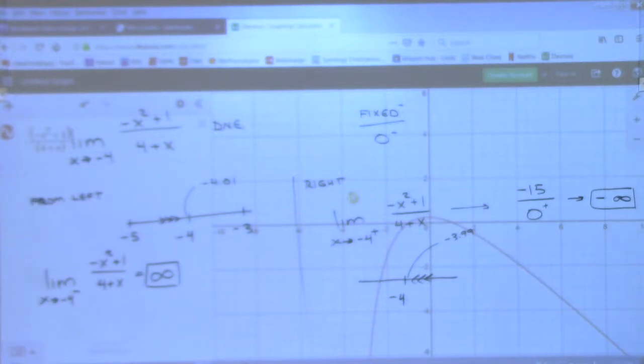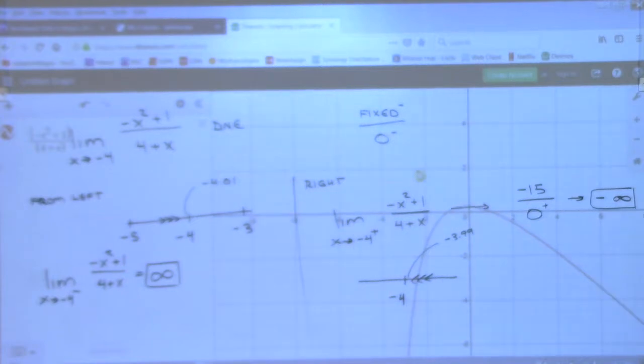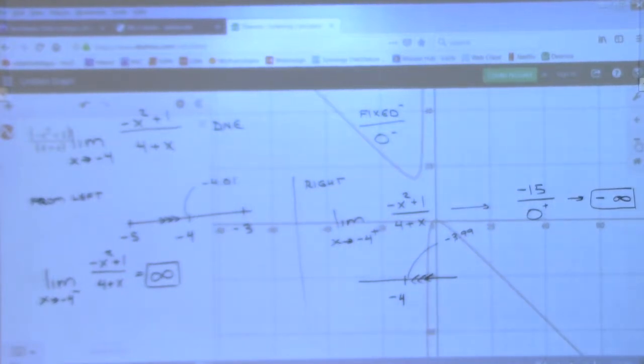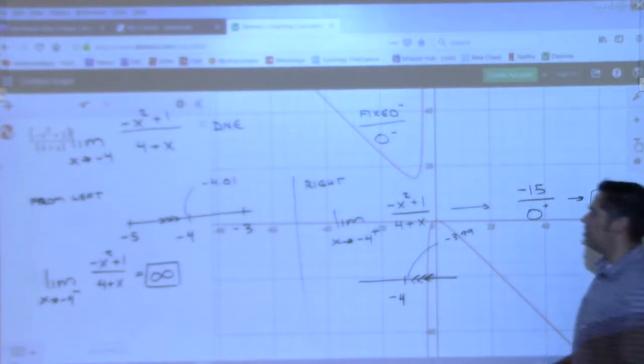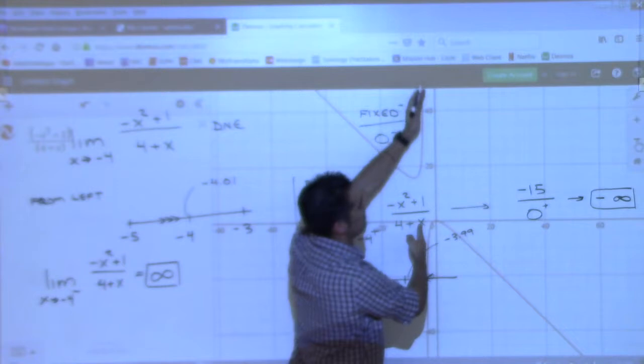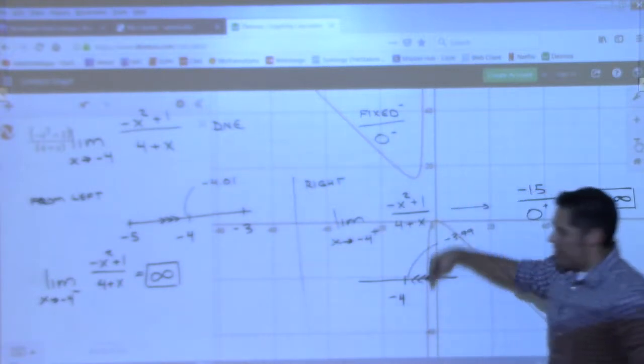And we're interested in what's happening at negative 4. Okay, so here's negative 4. Why is this not moving? There we go. I have to zoom out. There it is. I think you're just not zoomed where you can see the other part. But here's negative 4, and then so from the left you're headed to positive infinity. From the right you're headed to negative infinity.